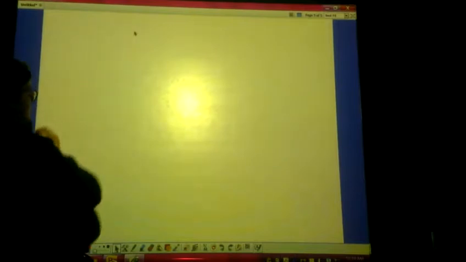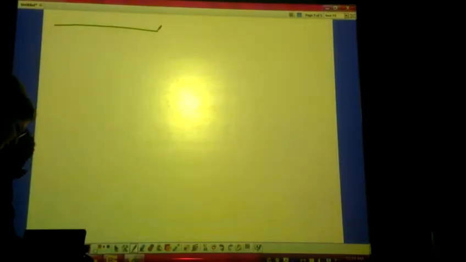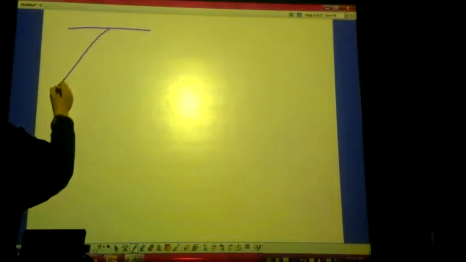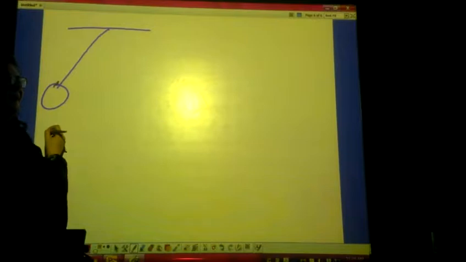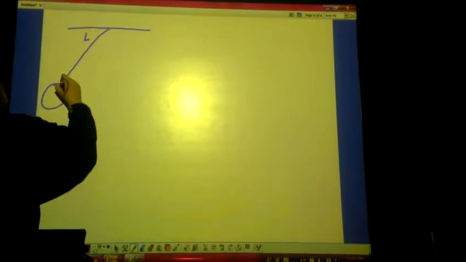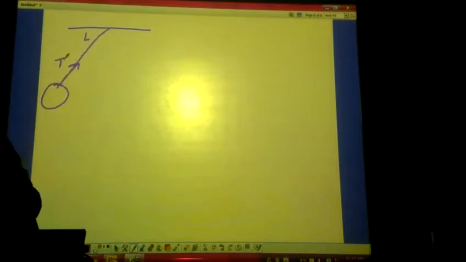Okay, so our picture looked like this. Here is the length of my string. That's L. Tension will also be directed up the length of this string. So tension is also there.